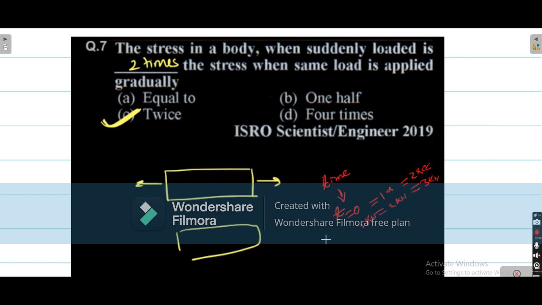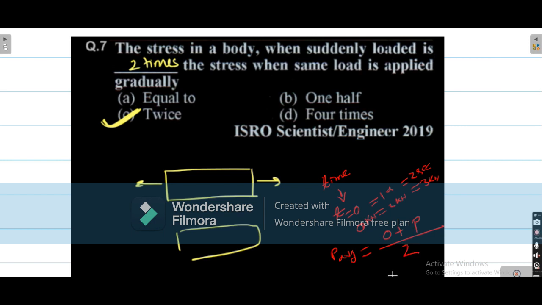Now let us convert the gradual load in terms of stress. First we take the average load. Average load will be, initially at t equal to 0 seconds, no load, and at the final moment when the timer stops, the ultimate load we put on the bar, suppose that is P. So average load will be 0 plus P divided by 2.